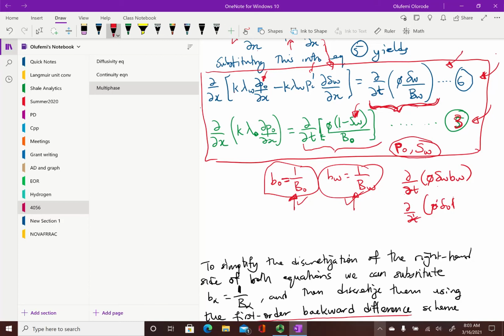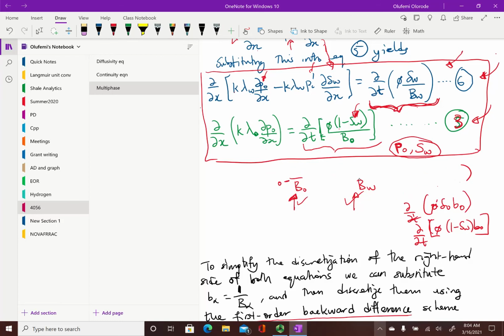Same for the oil. Technically, we can write it again in terms of SO, and whenever we're done with the discretization, we will use this 1 minus SW in place of SO. So nothing fancy here. And now I'm going to take out all of this just to minimize the clutter.